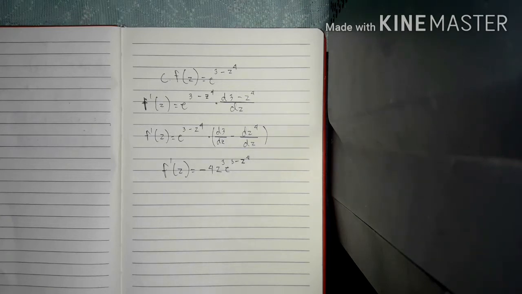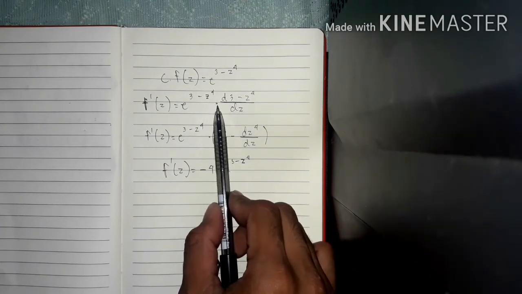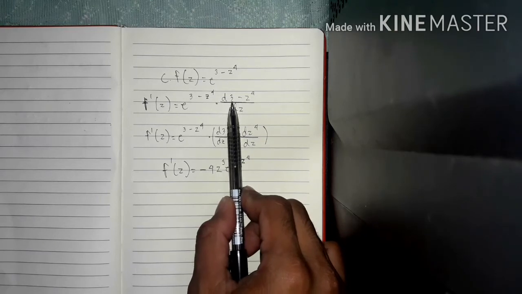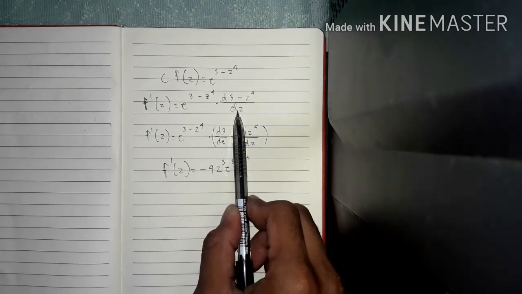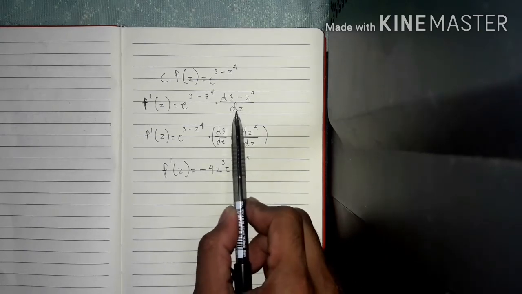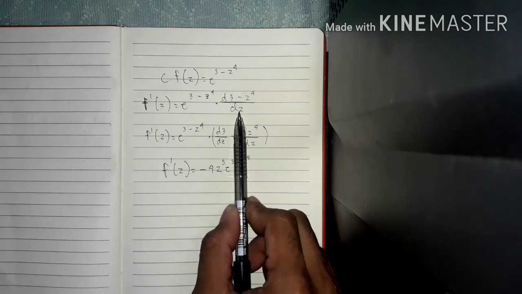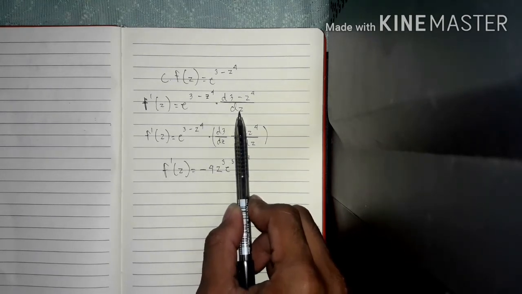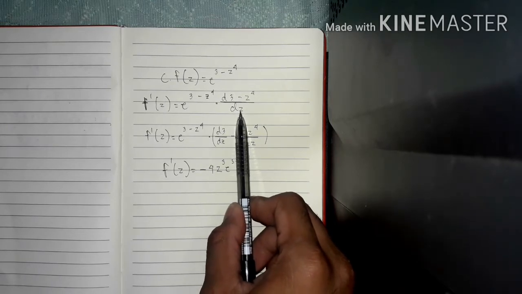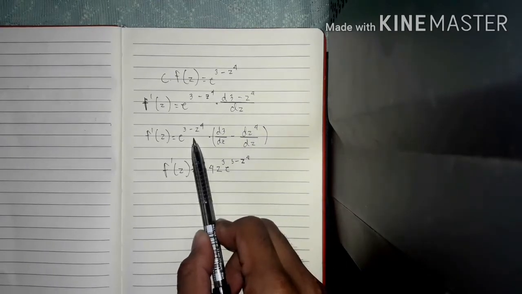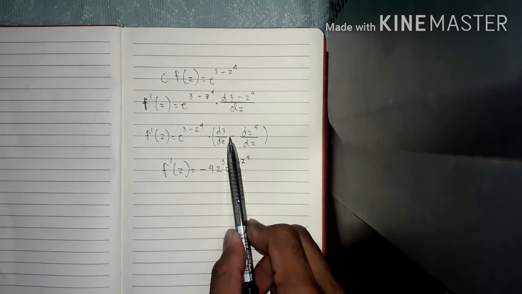For example, this is e to the 3 minus z to the power of 4, d of 3 minus z to the 4th with respect to dz. What happens is you differentiate its exponents. So the original equation remains, then here is its exponent.